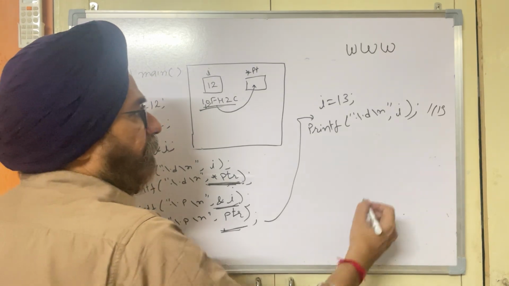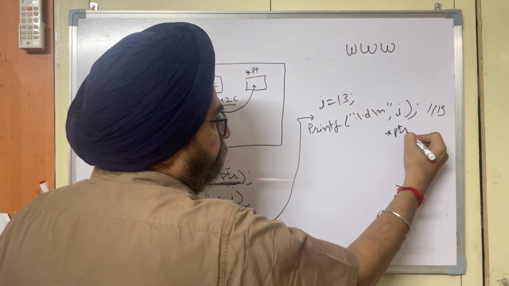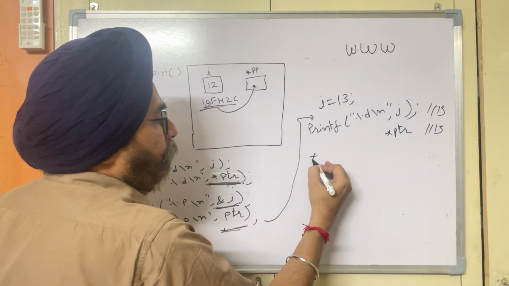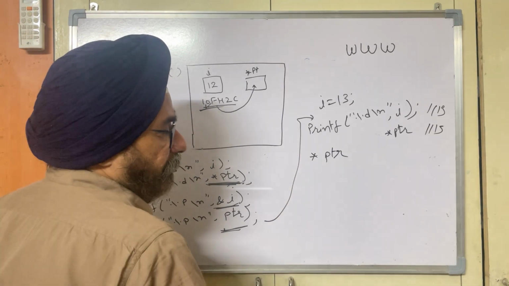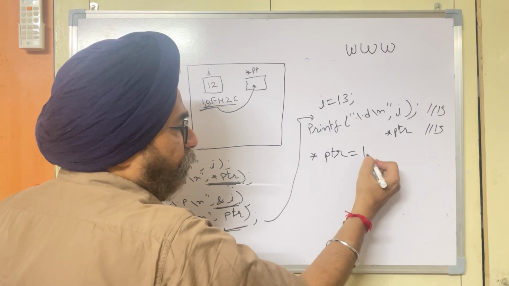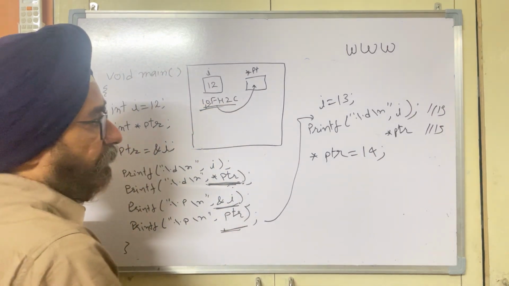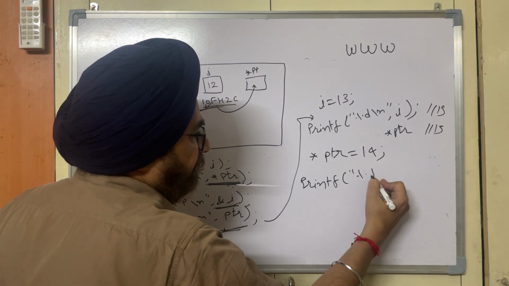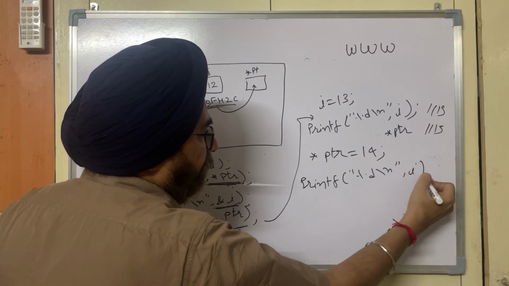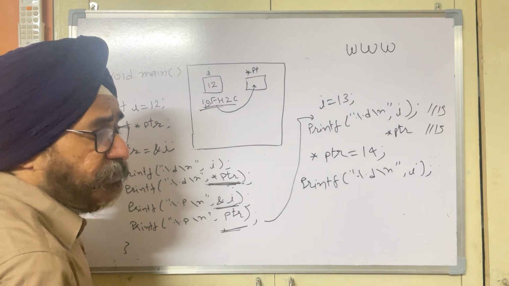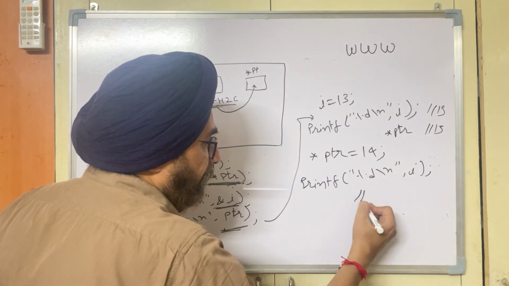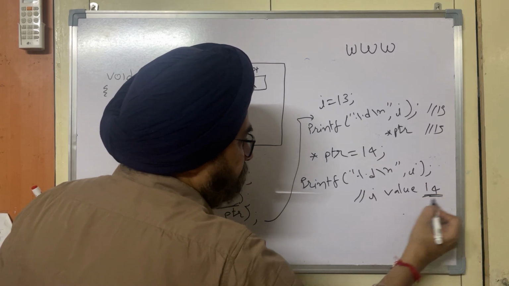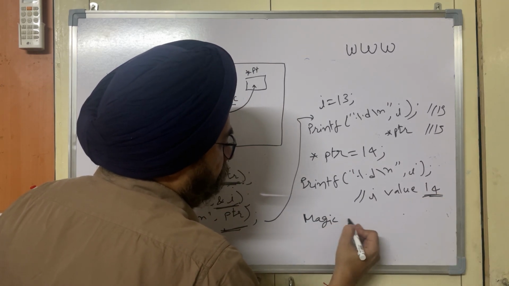In the same way, asterisk ptr also prints 13. In another way, if we use asterisk ptr, see the magic, equals 14, what happened? When we print %d \n I, what will it display? It will display the I value 14. This is the magic of pointer.